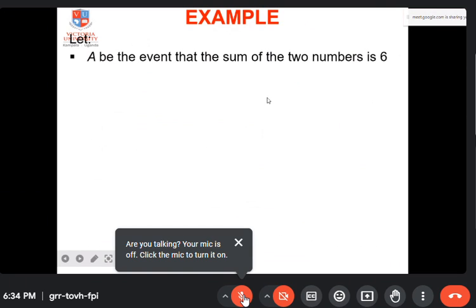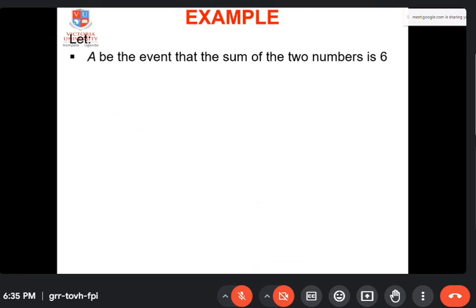Okay? So if A is the event that the sum of two numbers is 6, can someone tell me the points which are in that set A, where the sum of the two numbers is 6? Can you guess or tell me what you may have in that event A? Can I try? Yes, please.